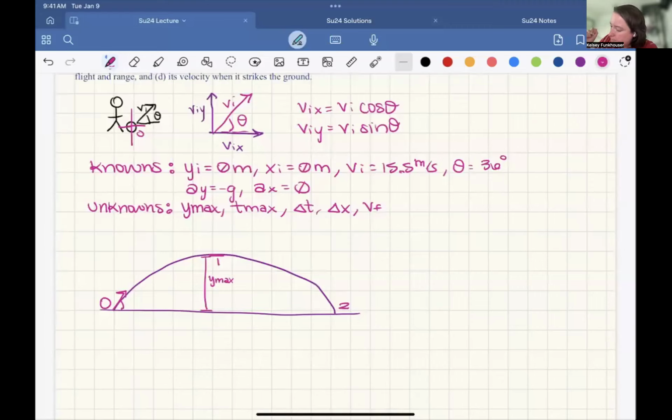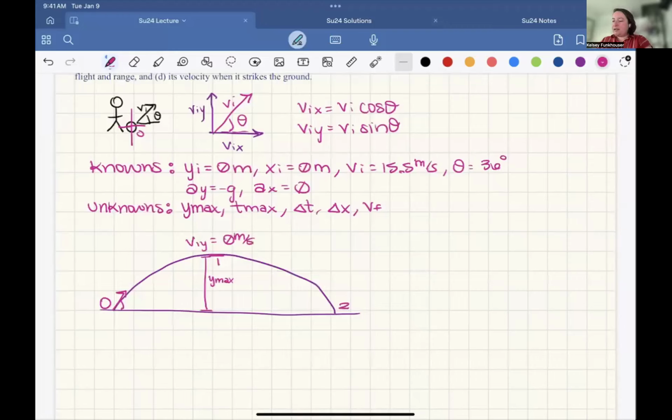But we can write down some things about this point in addition, or really just one more thing. Remember that at the peak of the trajectory, the velocity in y is 0, because this is that turnaround point where it's going to go from velocity pointing up to velocity pointing down. So velocity 1 in y is 0 here.